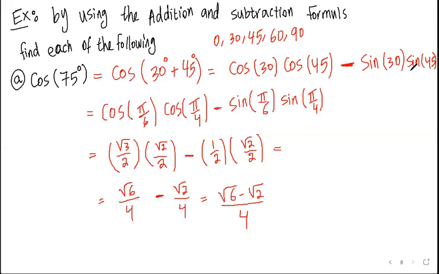Okay, another example is here. Find the value for cosine of pi over 12. How can I find the value for pi over 12? Let me check.